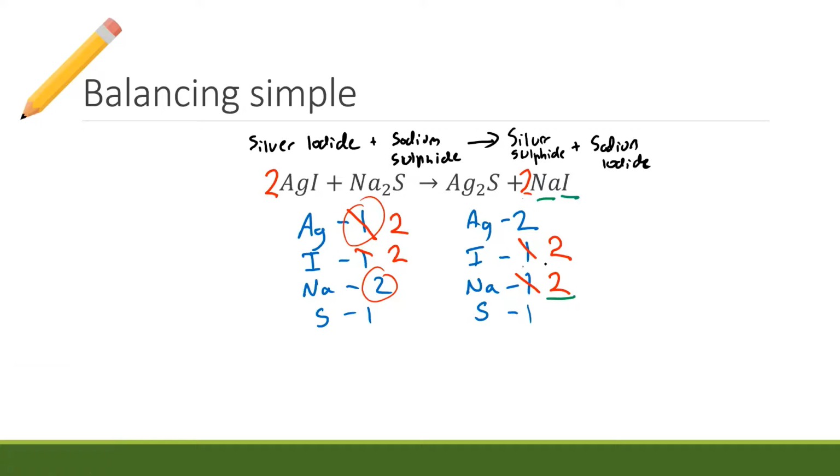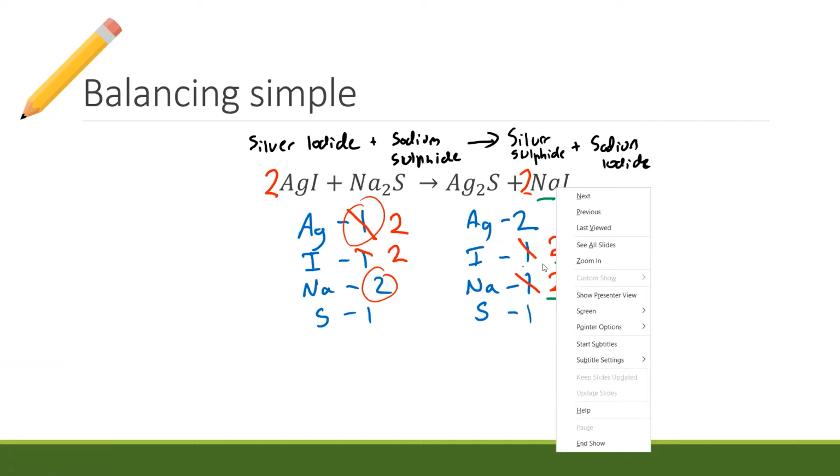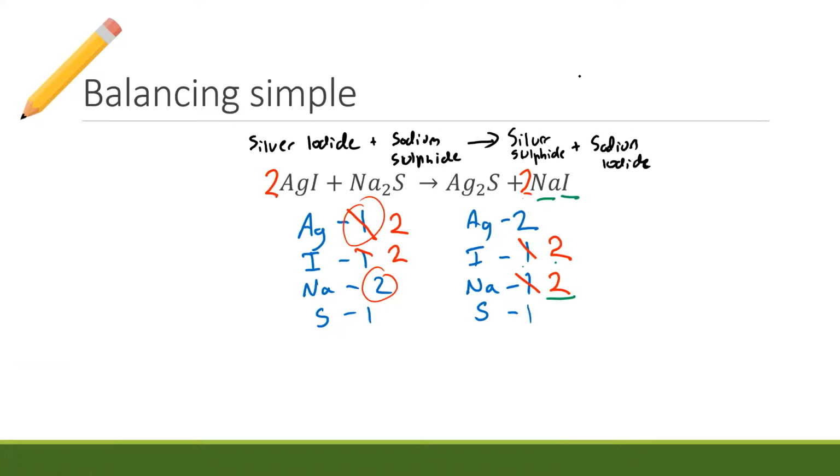So I have to change this 1 to a 2. But that's actually a good thing, because now there are 2 silvers on the left and the right. There are 2 iodines on the left and the right. There are 2 sodiums on the left and the right. And there is 1 sulfur on the left and the right. This is now a balanced equation.